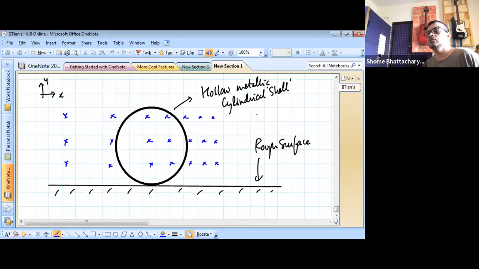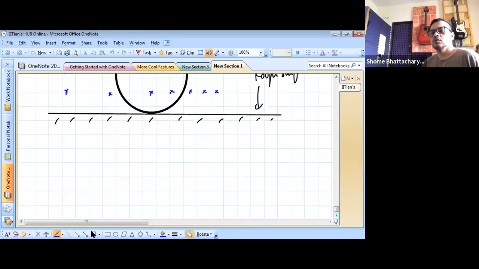So there is a non-uniform magnetic field given by this relation, minus k cap going into the plane this time, because x and y is like this plane. So the hollow metallic shell is actually in 3D, it is like this.